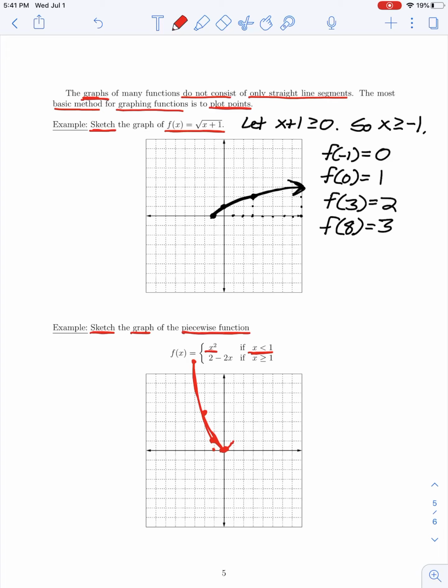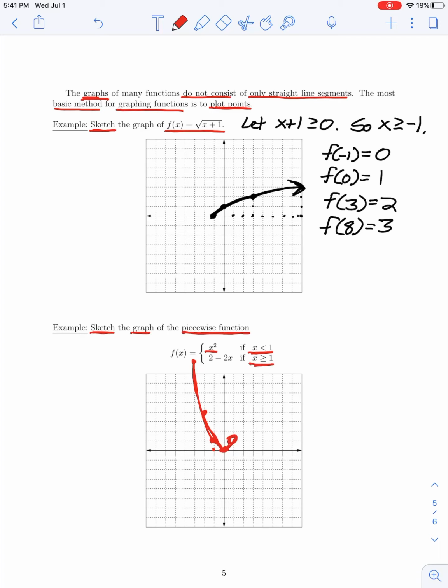So we start approaching the point (1, 1). And here we would have a hole in the graph of our function at that point, since our definition of this function changes at x equals 1.